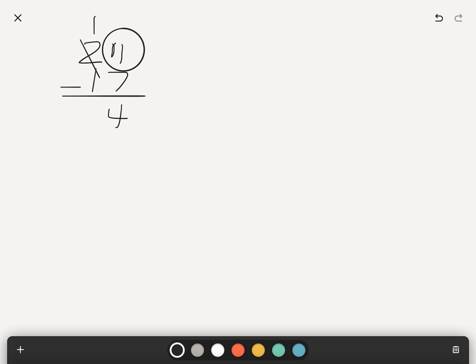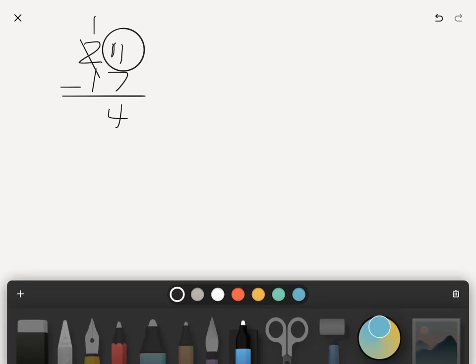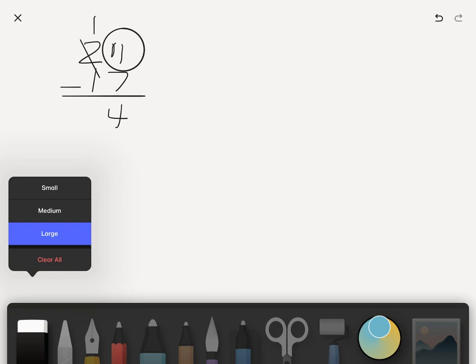Like when you first started doing borrowing, regrouping. I'm showing you first grade math right at the moment. I'm working up to something here. Now that's all, of course, things that you know.